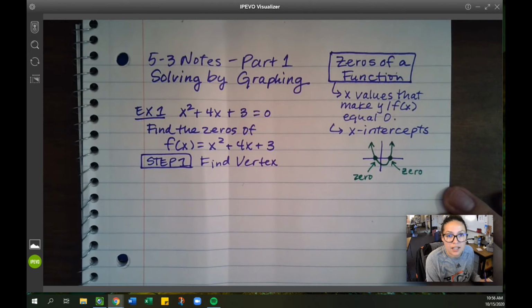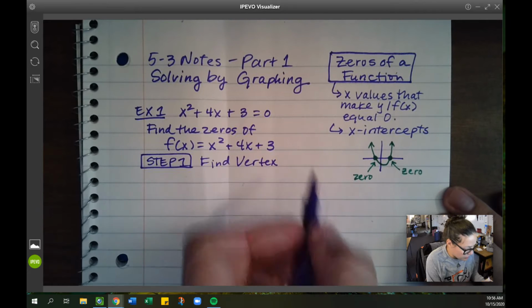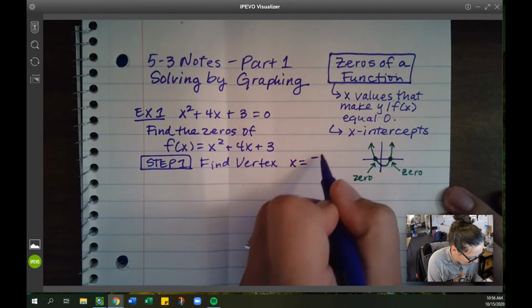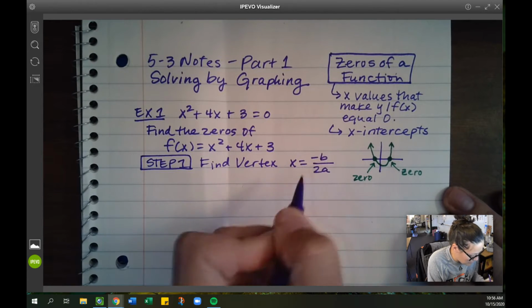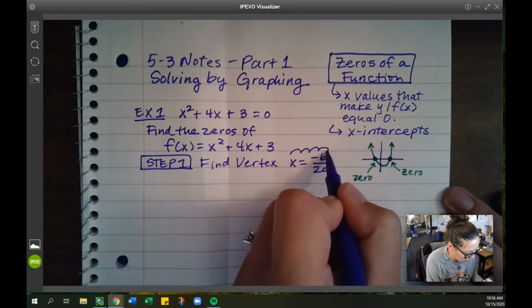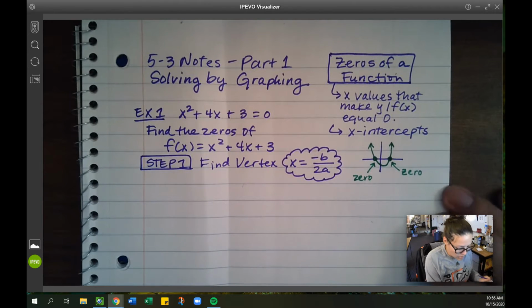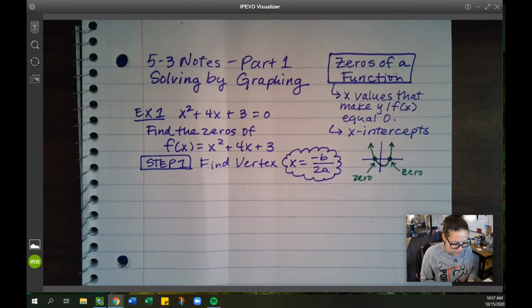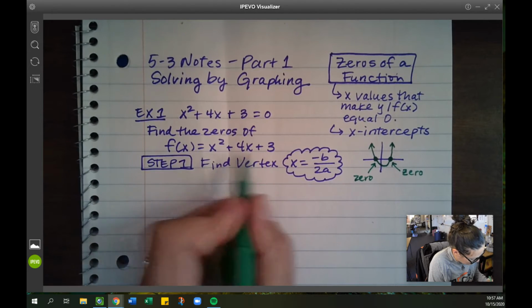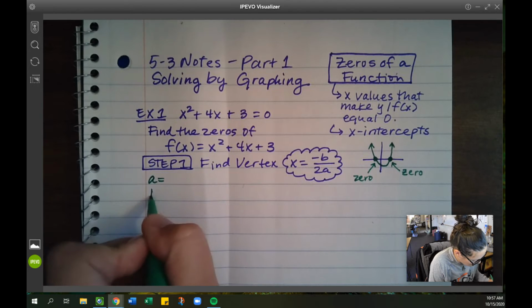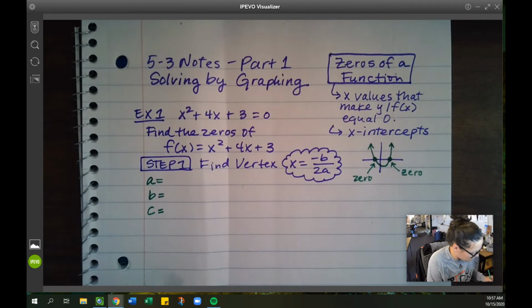So one of the things that you need to have memorized is the vertex formula. X equals negative b over 2a. You need to know it. So let's find the vertex of this function. I need to figure out what my a, b, and c are.